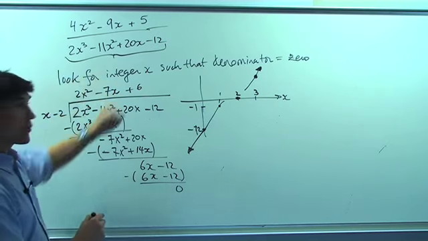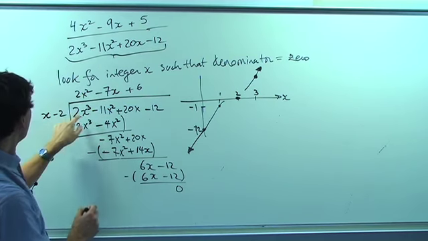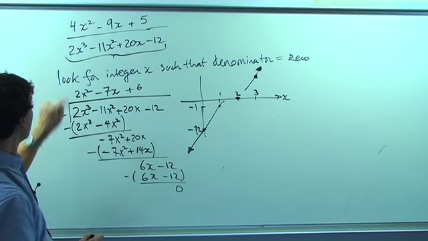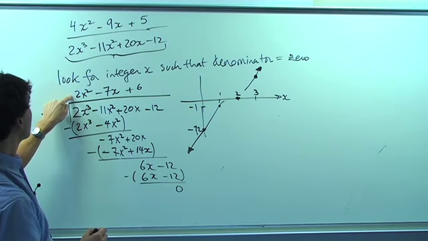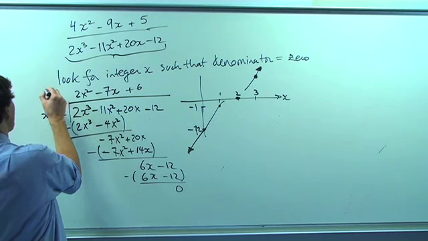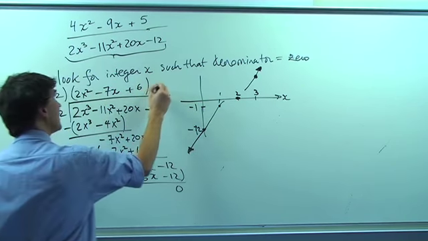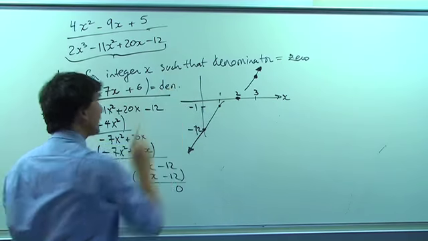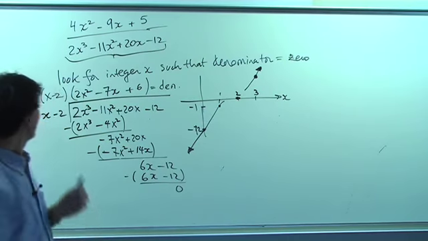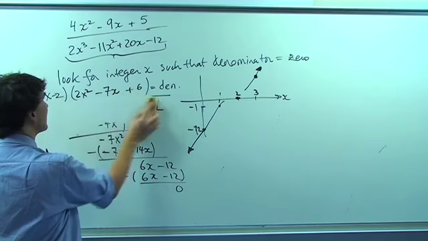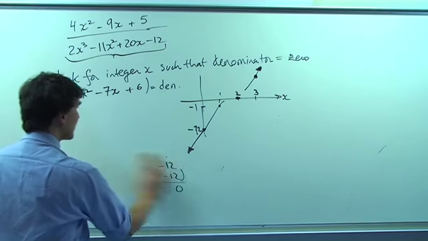And this is then the quadratic factor. So our cubic here is x minus 2 times 2x squared minus 7x plus 6. So that is x minus 2 times this, which is the denominator. Having worked that out, we've now got the denominator looking a little bit nicer.